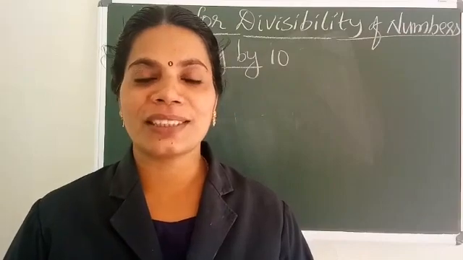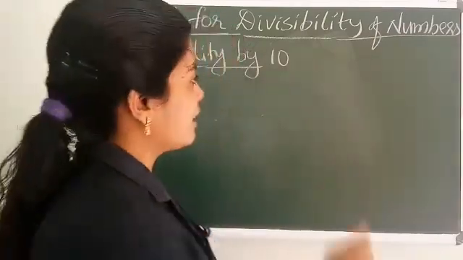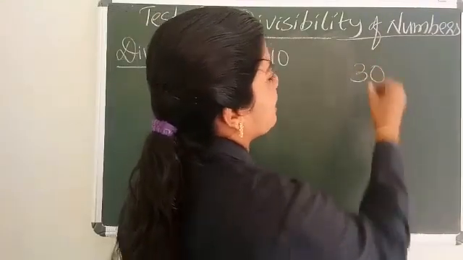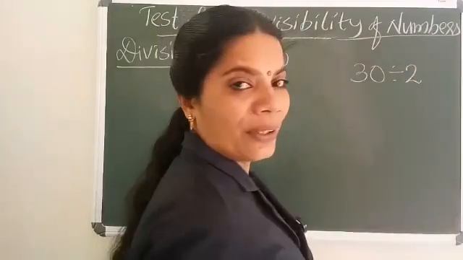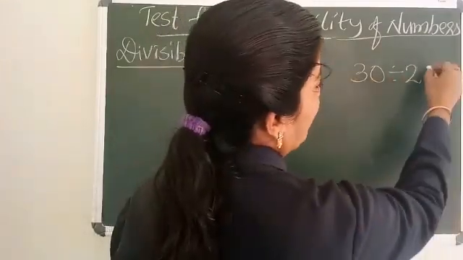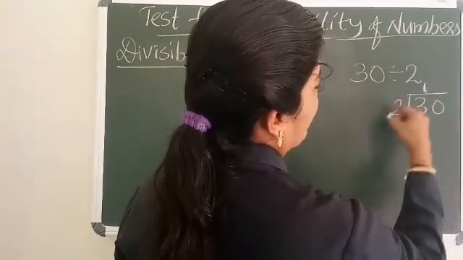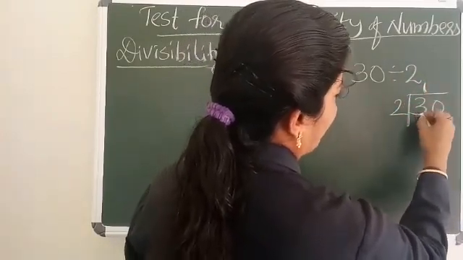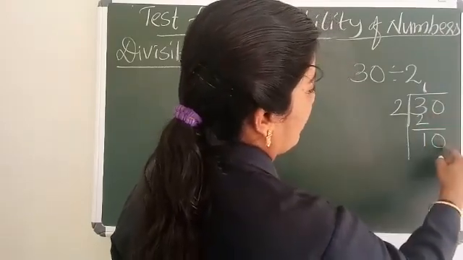Today we are going to discuss the divisibility rules of numbers. Let's check if 30 is divisible by 2 or not. 30 divided by 2: 3 divided by 2 is 1. 1 twos are 2, 1 carry, then 0.